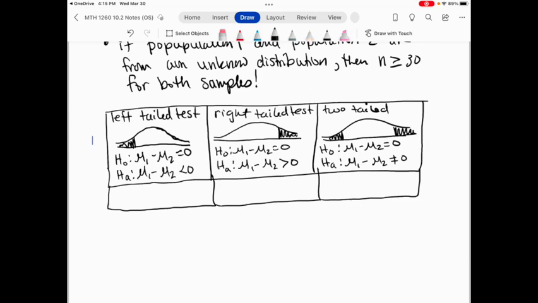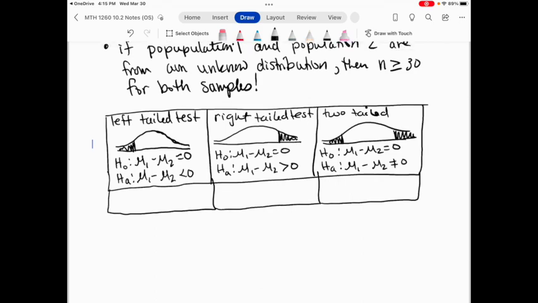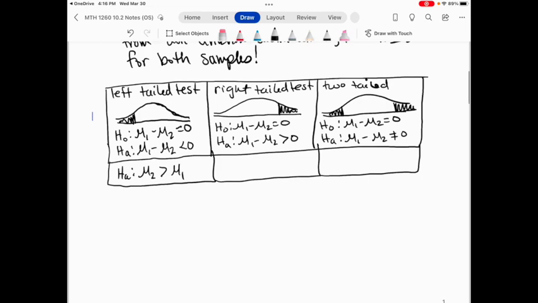Now, the meaning behind this, when we're looking at the alternative hypothesis, if mu1 minus mu2 is negative, that means that mu2 must be greater than mu1, because when you do subtraction and you get a negative number, that second number will be bigger than the first, and that's how you get a negative number.